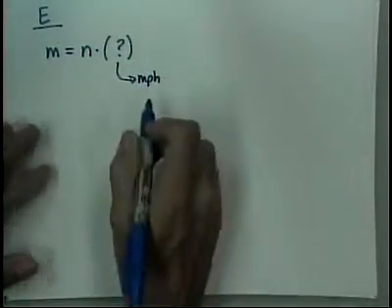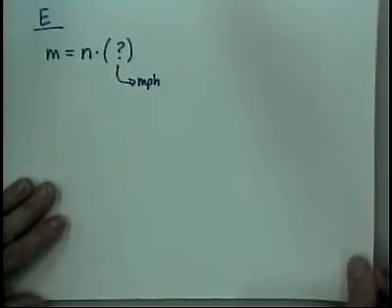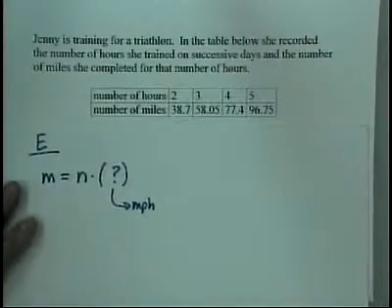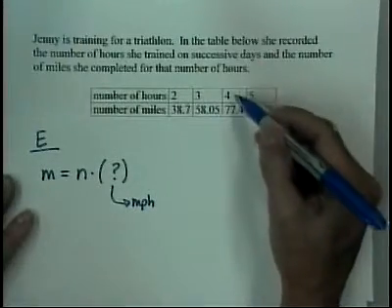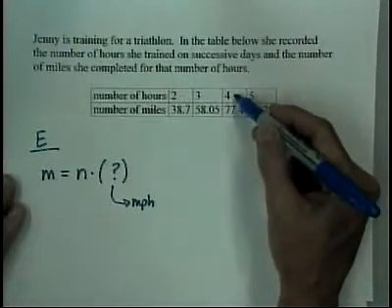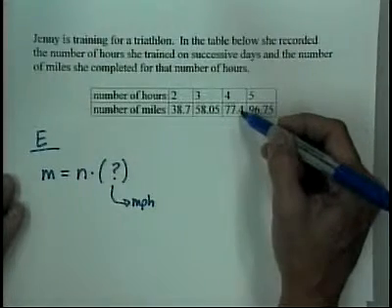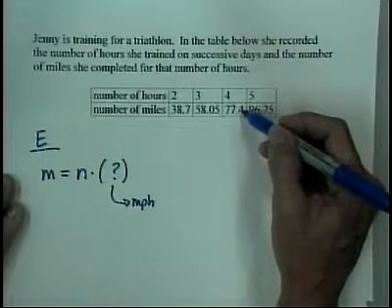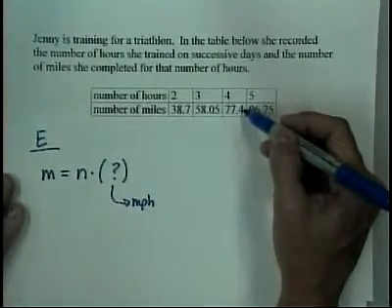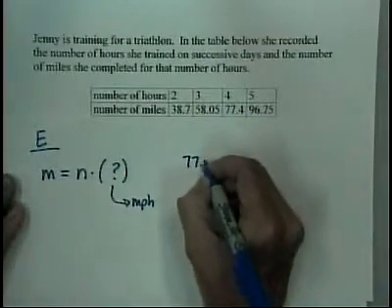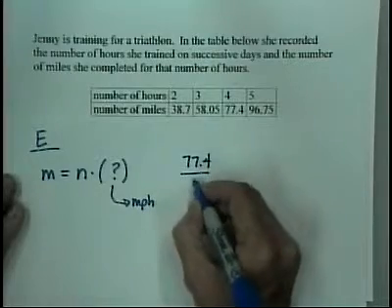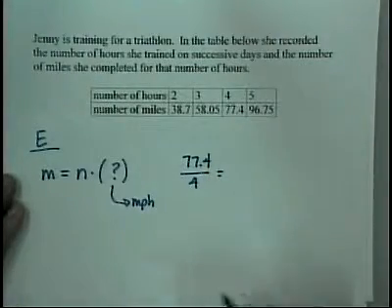To get the number of miles per hour, we're going to have to use information in the table. Let's pick an arbitrary piece of information, like for 4 hours training, she traveled 77.4 miles. We take 77.4 miles and divide that by the number of hours, and let's see how many miles per hour that is.